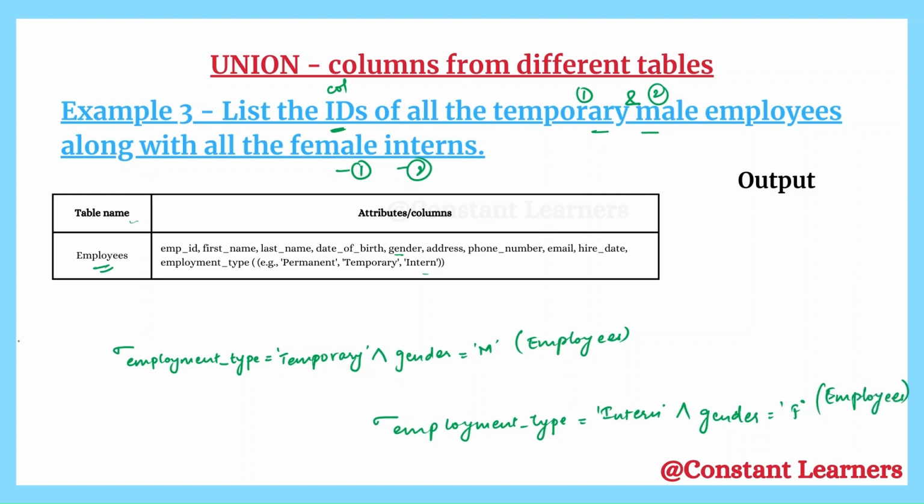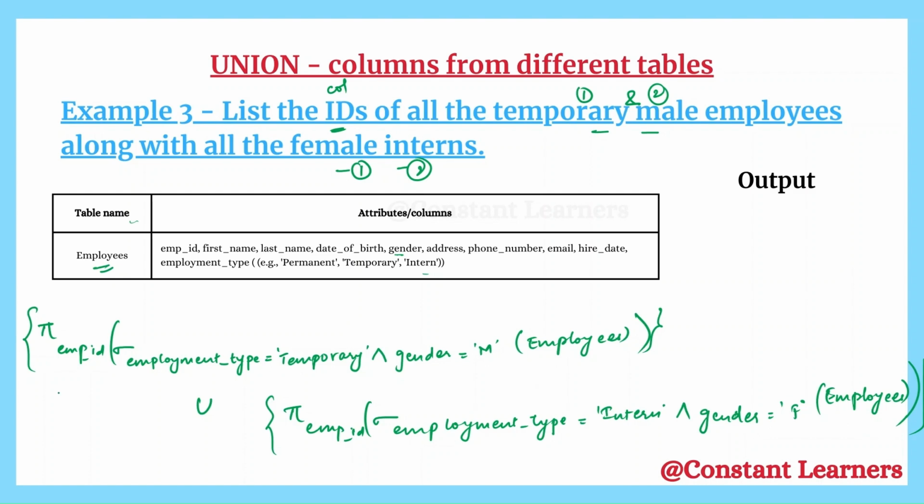Alright, now what are we going to project? We are going to project the employee underscore ID. This is the first one. Again, we will project employee underscore ID of the female interns, and we're going to take the union of both of these. That is, this entire thing, union, this entire thing.